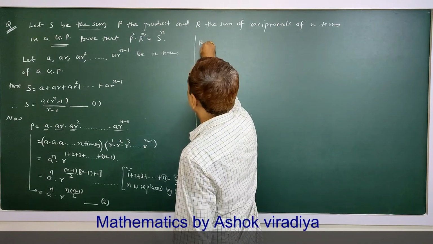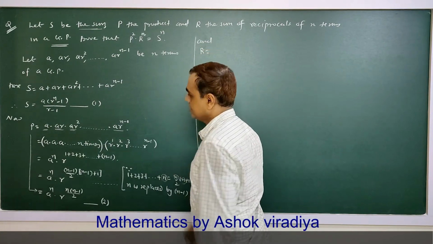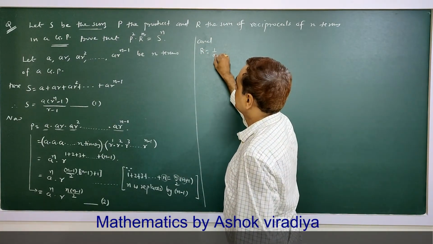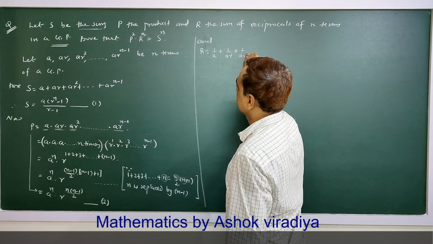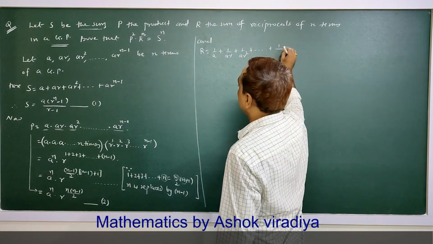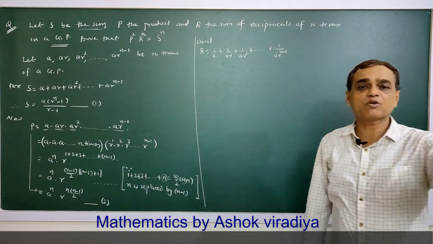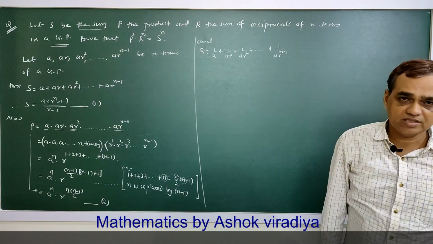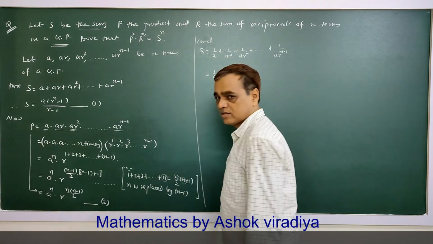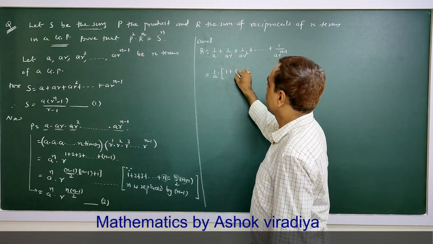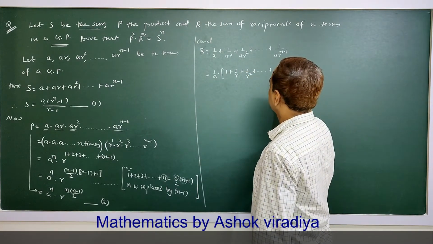So R is equal to 1 upon A plus 1 upon AR plus 1 upon AR square plus up to 1 upon AR raised to n minus 1, the sum of reciprocals of n terms of GP. So it is equal to, now 1 upon A common, so inside 1 plus 1 by r plus 1 by r square plus 1 by r raised to n minus 1.